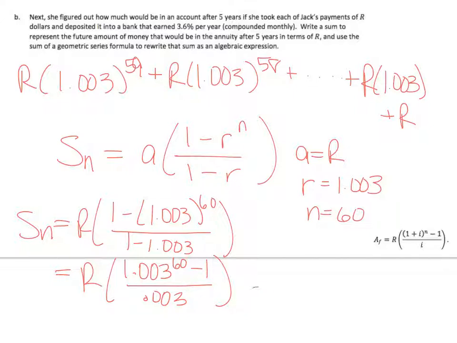Yep, which actually is what I wrote right there. Okay, I copied that from the last lesson. So that is our sum as an algebraic expression. Cool? Alright, so we just re-derived the future amount of an annuity formula, right? Alright.